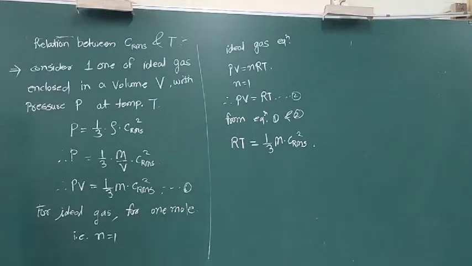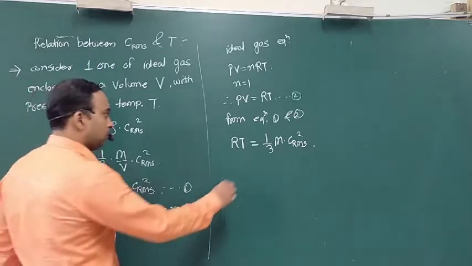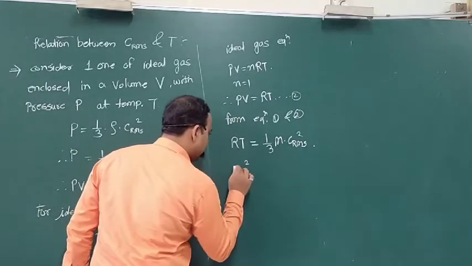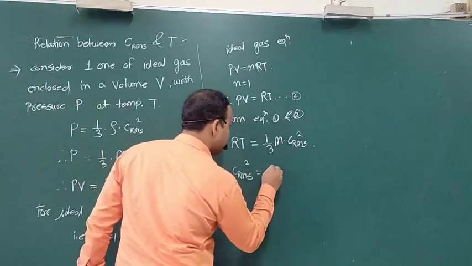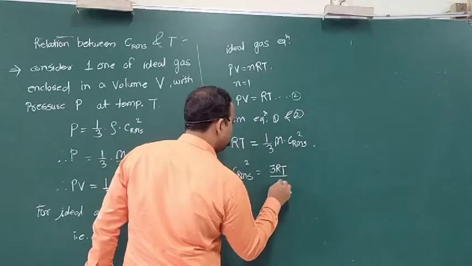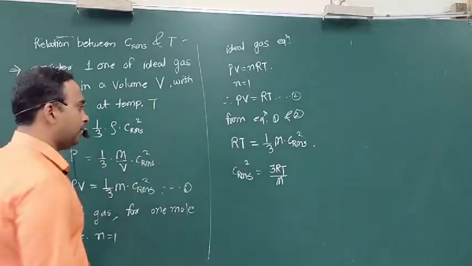Okay. Now we want to find the C RMS. So we get C RMS square is equal to 3 RT upon m.